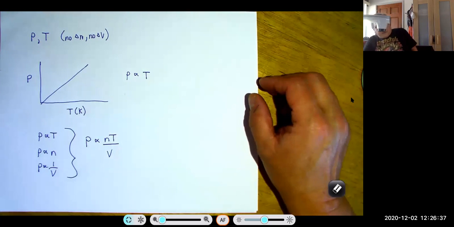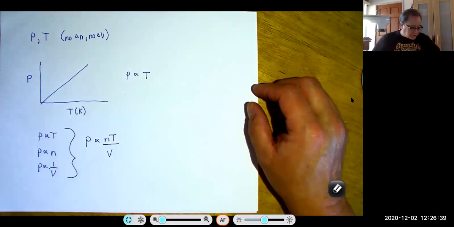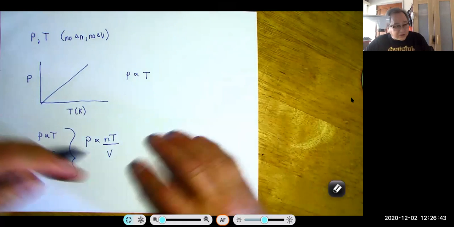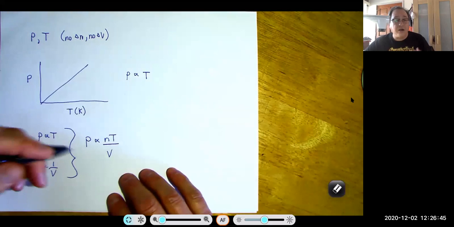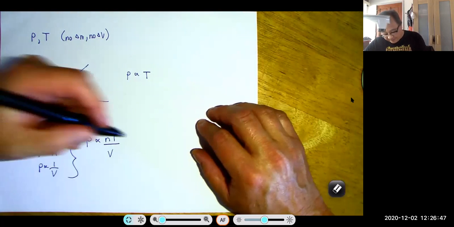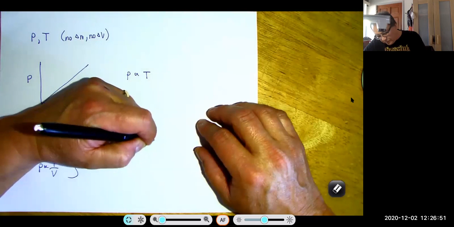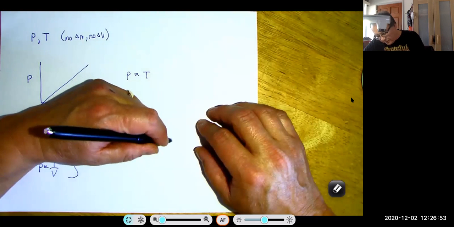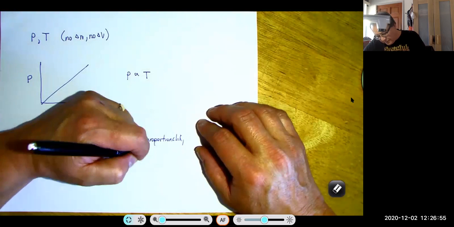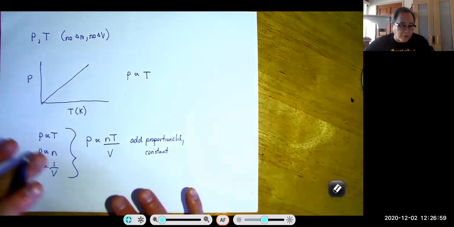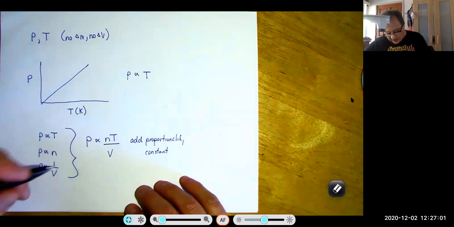Okay? So whenever you have a proportion like this, you can always make this an equation by putting in what's called a proportionality constant. When we talk about proportionality constant, we can look at this.